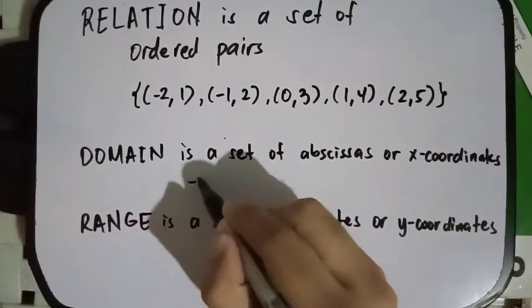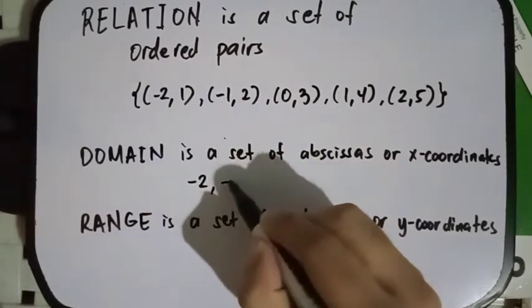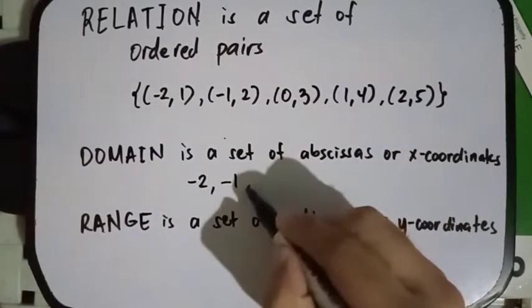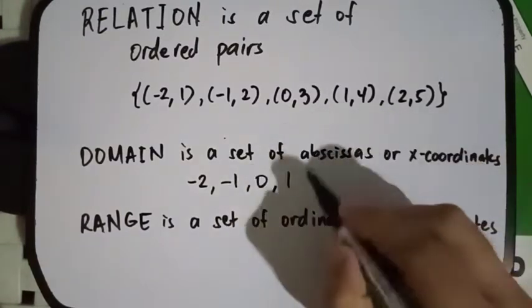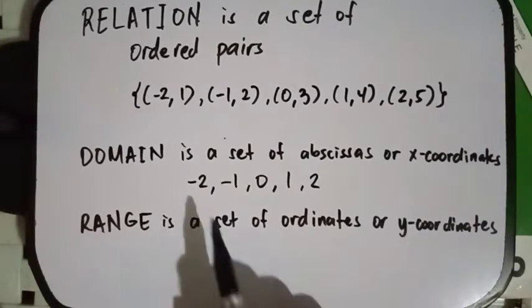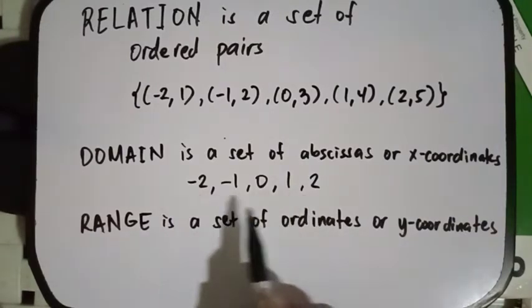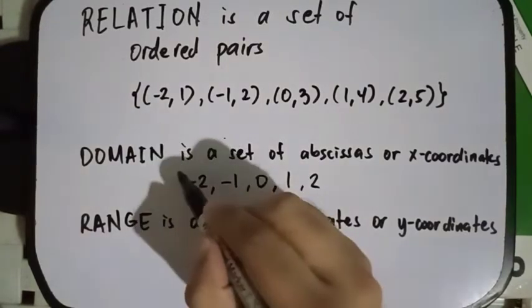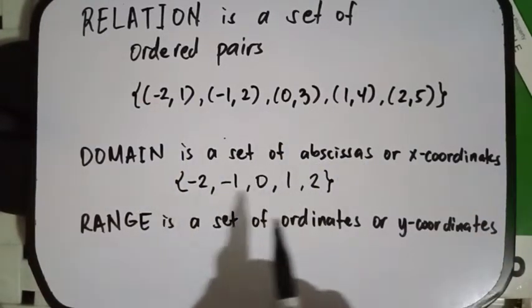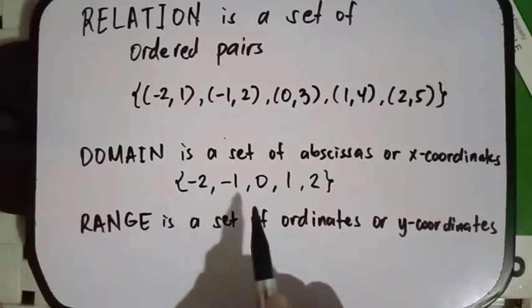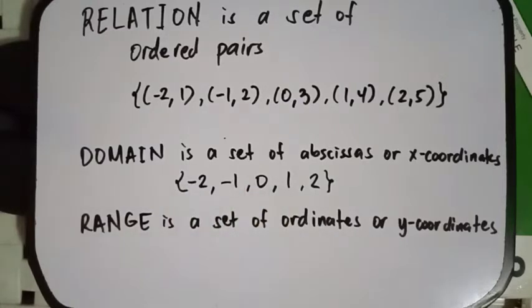Dito is negative 2. Dito is negative 1. Ito naman, 0. Ito, 1. At saka yung isa, 2. So, ito na yung set of x-coordinates or abscissas. At itong set na to ay tinatawag na domain. So, yung domain natin is negative 2, negative 1, 0, 1, and 2.